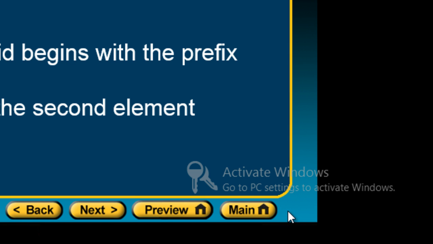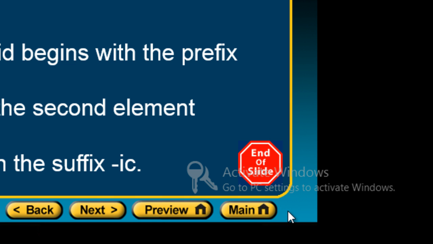Then we have the root of the name of the second element. When we are talking about fluoride, the root of the name is fluor, so we will have hydrofluor, and then the name ends with the suffix ic.